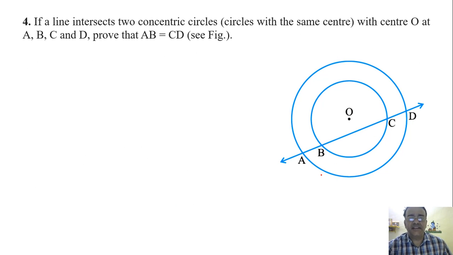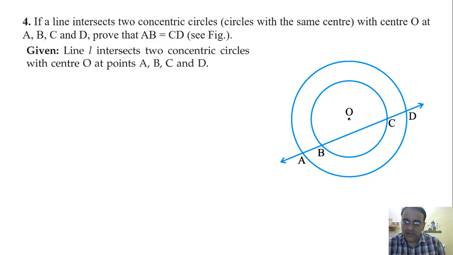If a line intersects two concentric circles, I already told you, two or more circles with the same center are called concentric circles, with center O, at A, B, C, D, prove that AB is equal to CD. So we have to prove AB is equal to CD.